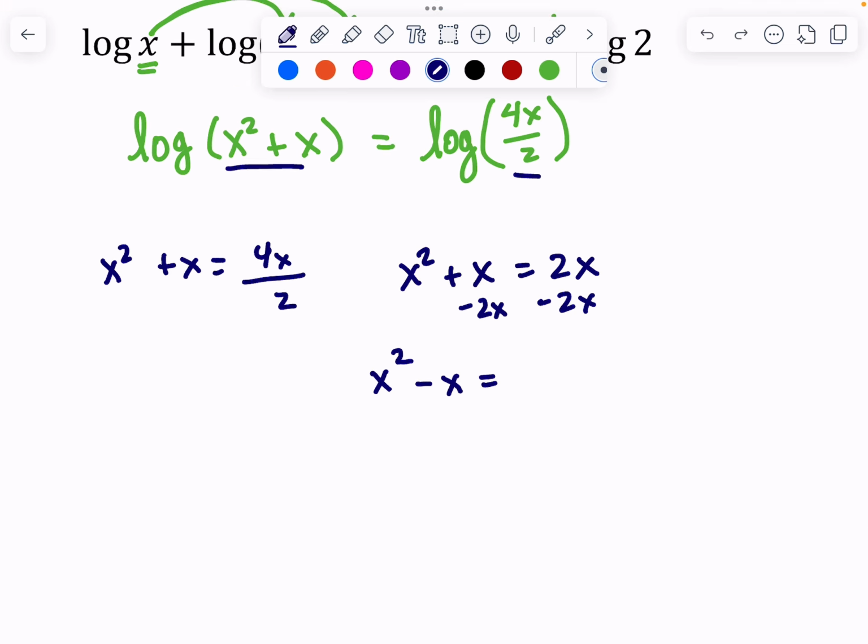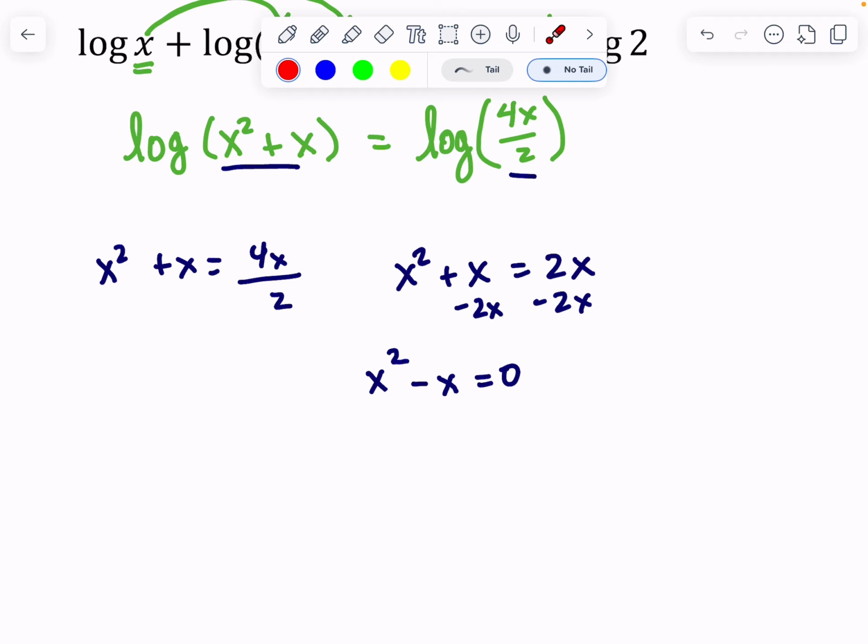Because I don't have a C term here, I can't use my normal factoring. So I can't find the numbers that add to negative 1 but multiply to 0. Well, I could, but it's going to be a little bit more difficult. But what I do notice is that each of these have an x term. One of the most underrated forms of factoring is to just take out the greatest common factor.